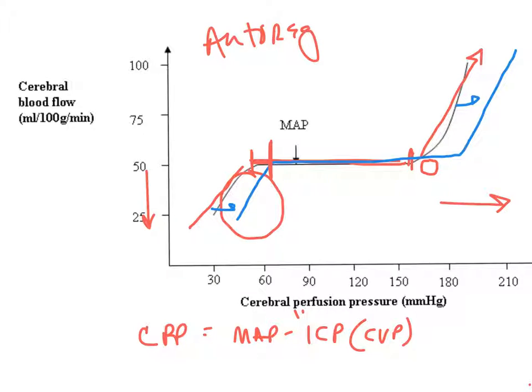However, it's easy to see with the right shift of the chronic hypertensive patient that a cerebral perfusion pressure of 60 is dangerously close to approaching the territory where autoregulation will not be present.